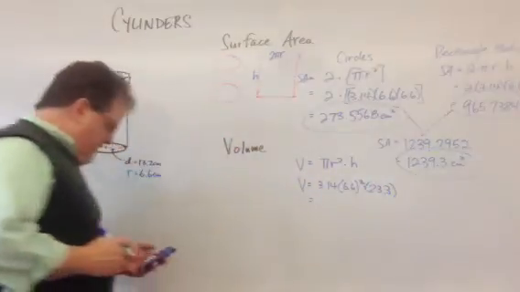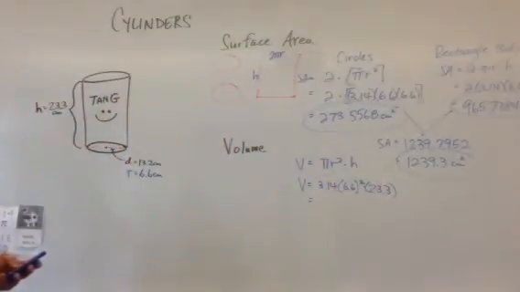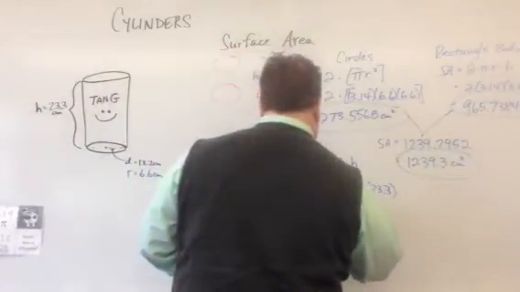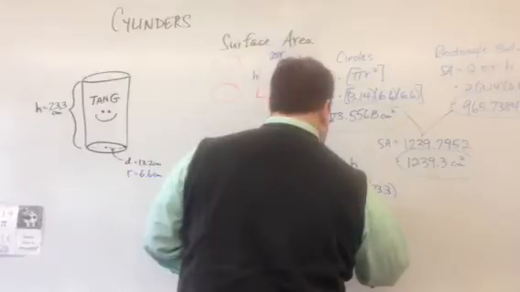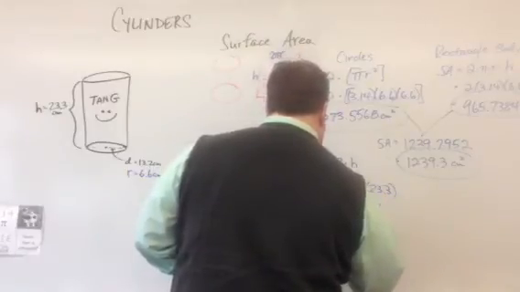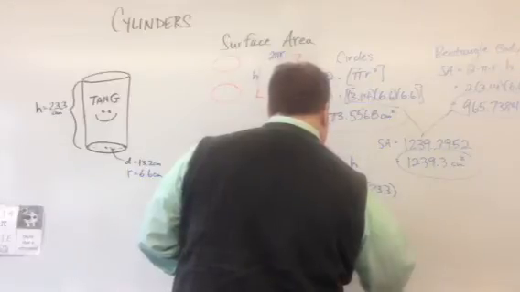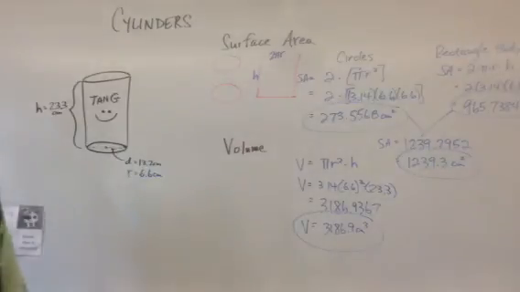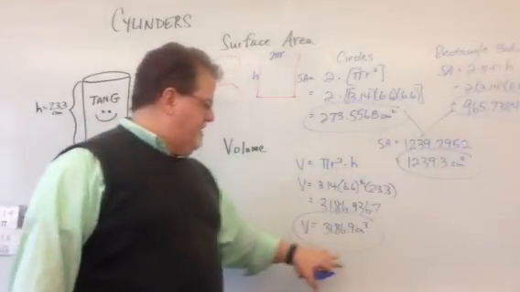And that is going to give you 3186.9367 or 3186.9 centimeters cubed. Surface area, volume.